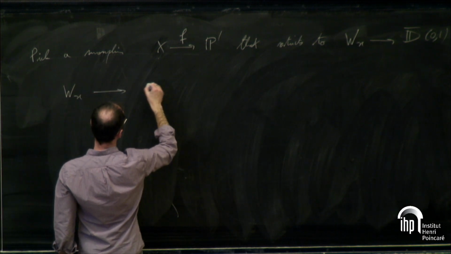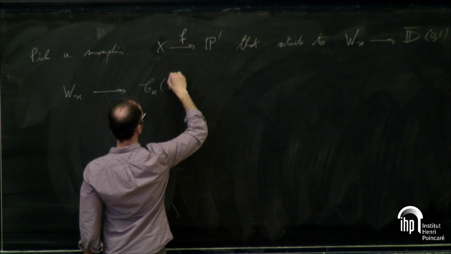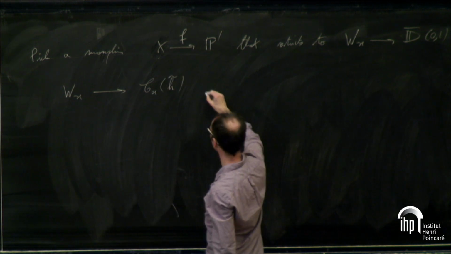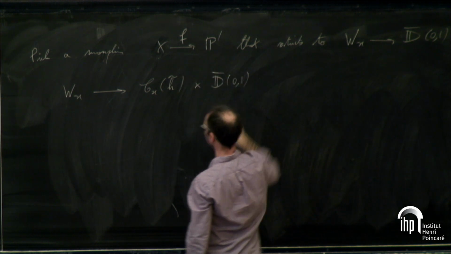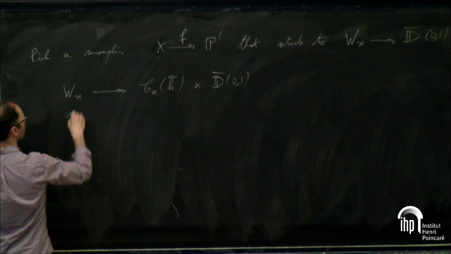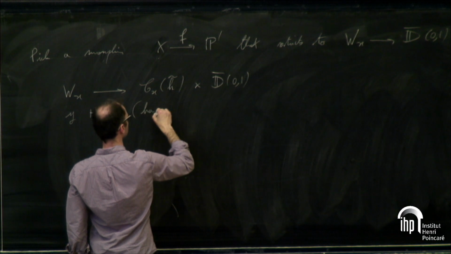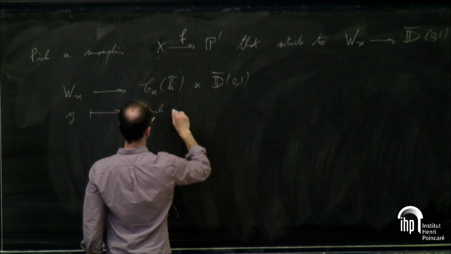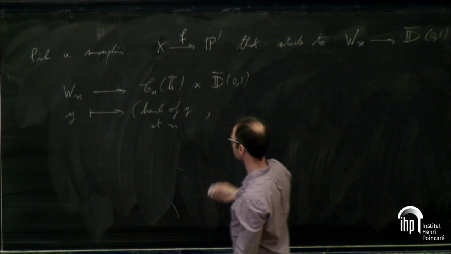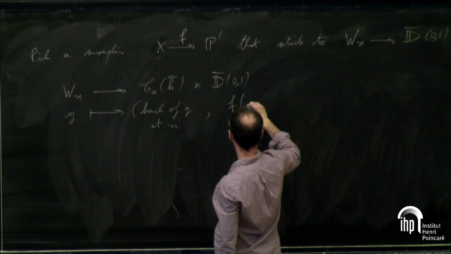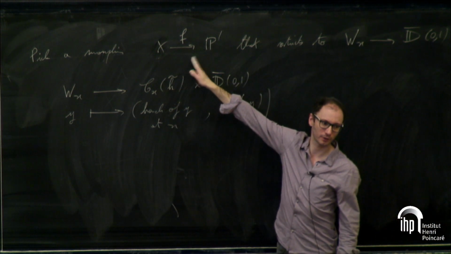So you go from the residue curve, or the points of the residue curves, times the disk. And you send a point y here to first the corresponding branch, the branch of the point y at x, and then the point of the disk you get by the map f.